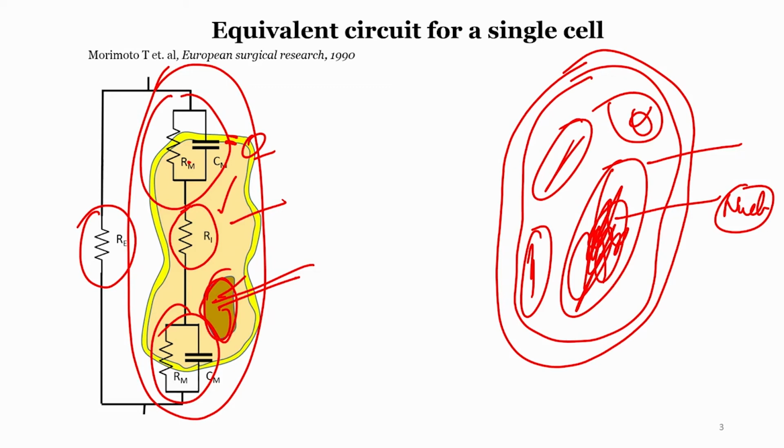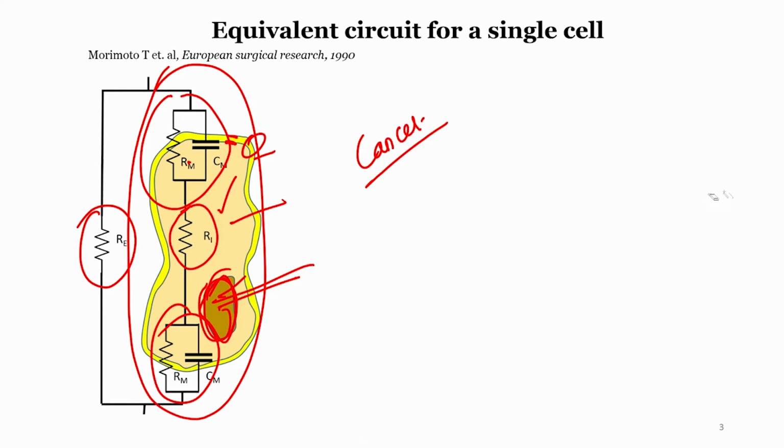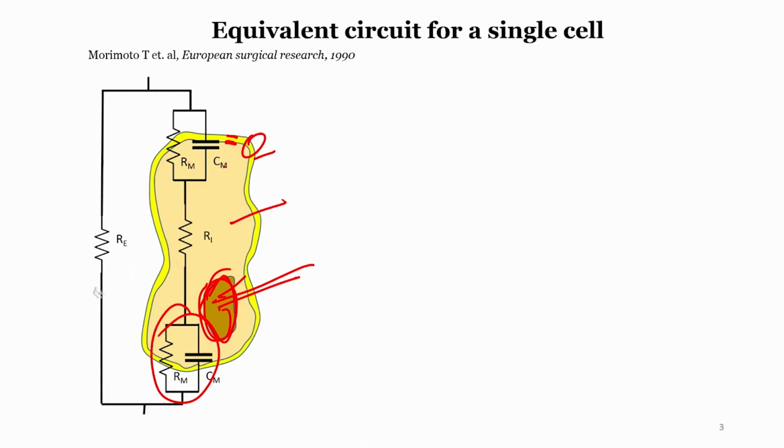So, that is why the nucleus is still shown, because there are conditions like in cancer where the nucleus might become bigger and contribute to the actual effective equivalent circuit of the cell. Okay. So, I think this is very clear for you. As I described earlier, the only thing that you need to think about is the cell membrane, the cytoplasm, and the extracellular matrix.